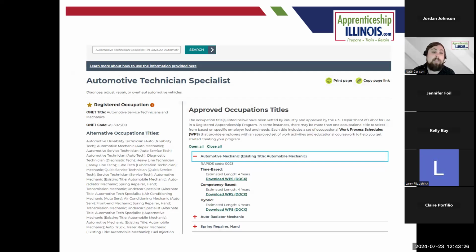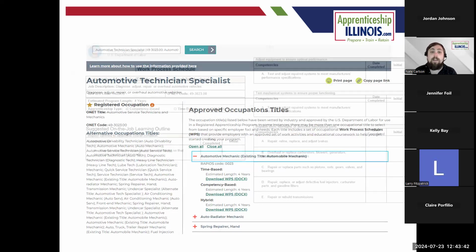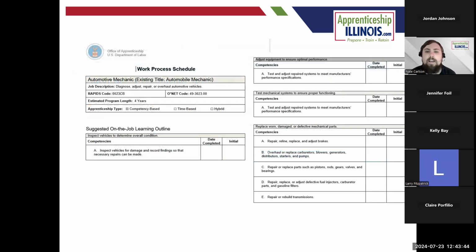And then on the left, we see the metadata. Those are all the alternate titles for that position. So if the employer I was working with wanted a lube tech or a quick service technician or any of those, it would also come up under this ONET number. And so then we're able to download what that template list looks like. And here's a kind of a minimized, shortened version of what one of these work process schedules looks like.